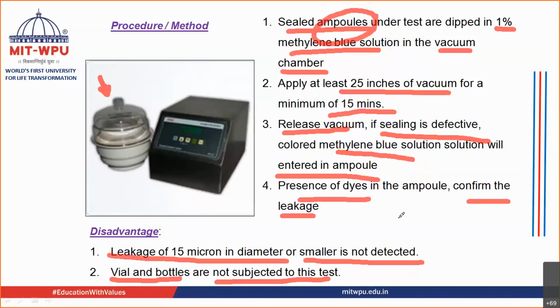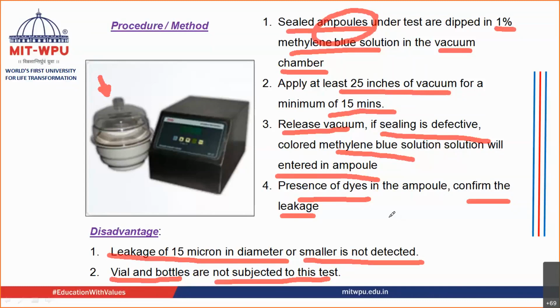Now there are other methods also whereby the leak can be detected. In this you take a few samples and then you check the leak test. Online, you can do the leakage testing of each and every ampule.